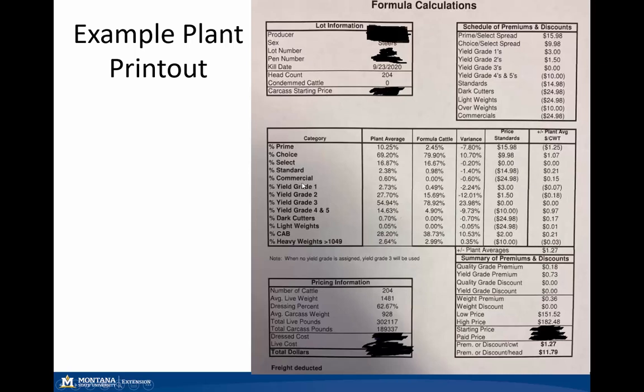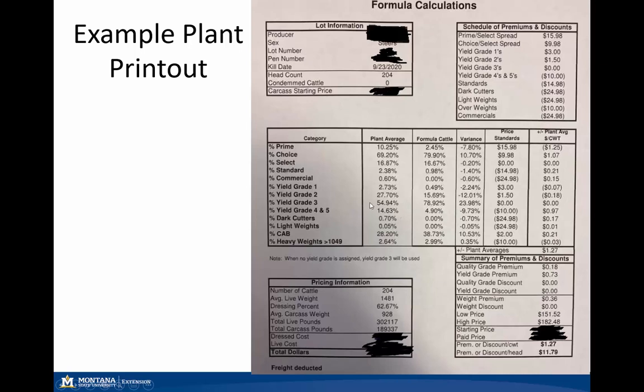Now let's look at the yield grades here, 1, 2, 3, 4, and 5. So about 0.5% graded 1, about 16% graded 2, about 79% graded 3, and then about 5% 4 and 5.